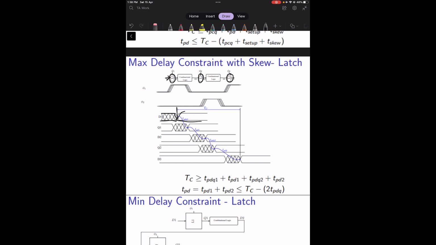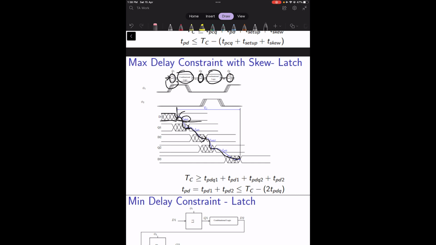So there is a finite TPDQ where D1 propagates to give you Q1, which is TPDQ1. Then there is a finite TPD1 corresponding to the combinational block 1, which is this. Then again there is a TPDQ2 which corresponds to latch 2, and then again there is another combinational block, which is TPD2, which is here.